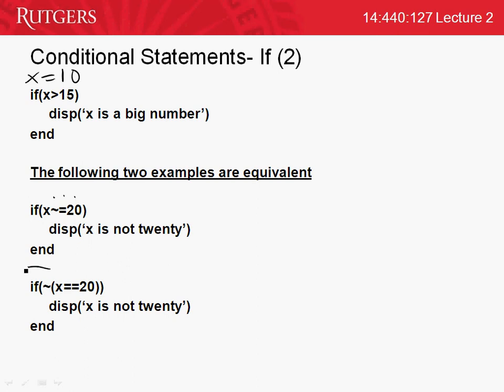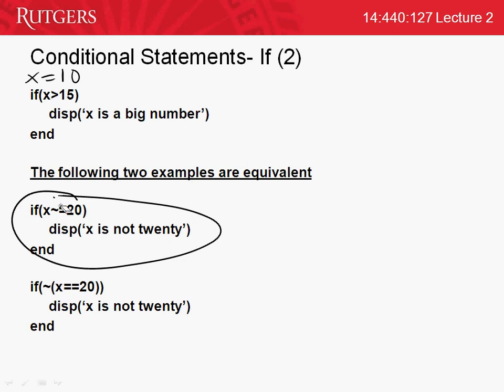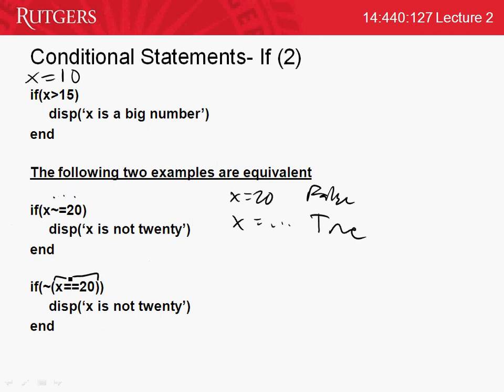And then here, we have an example that does the exact same thing. If not x equals 20. Basically, let's think about this. If x is 20 in this first example, up here, then x is 20, this whole thing is false. So if x is 20, the whole thing is false. If x is anything else, it's true. Right? So down here, let's look only at the inside part for now.